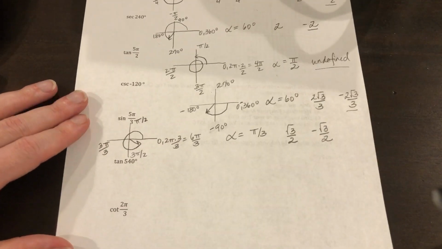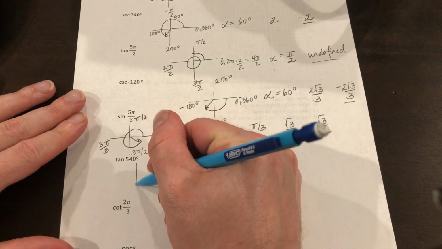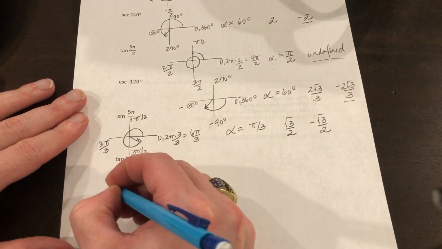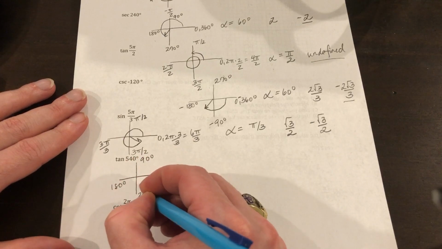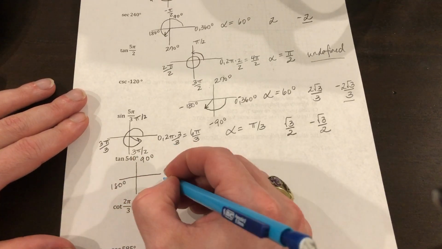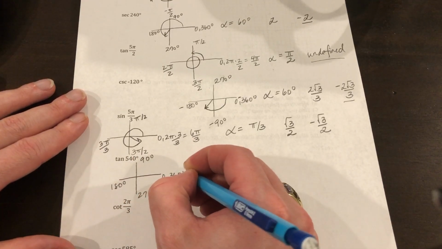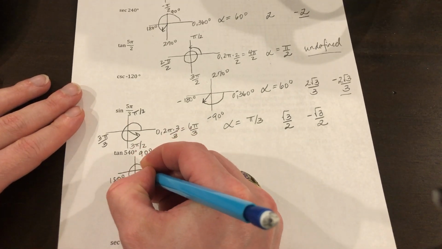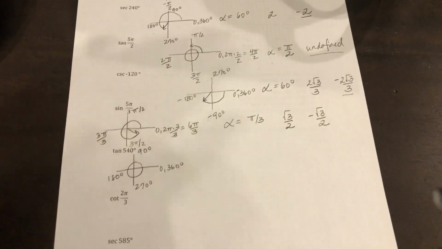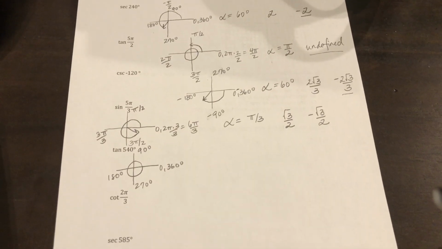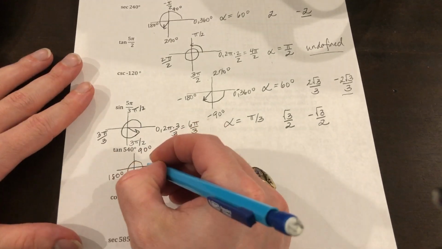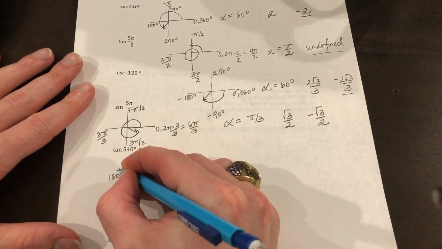Okay, tangent of 540 degrees. We're in degrees, so this is 90 degrees, 180 degrees, 270 degrees, and 0 and 360. Okay, so one full circle is going to be 360 degrees. And if we don't know that 540 minus 360 is 180, it's going to land back over here.